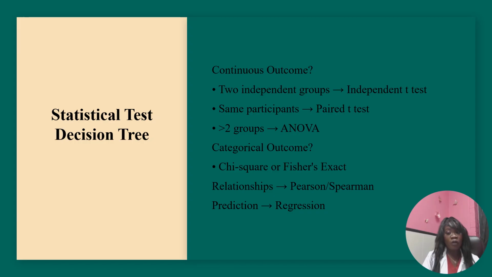For categorical outcomes, chi-square or Fisher's exact test may be appropriate. Pearson's and Spearman's correlation can examine relationships between two variables, while regression can be used when the goal is prediction or evaluating the influence of multiple variables.